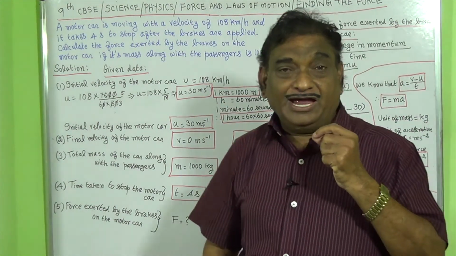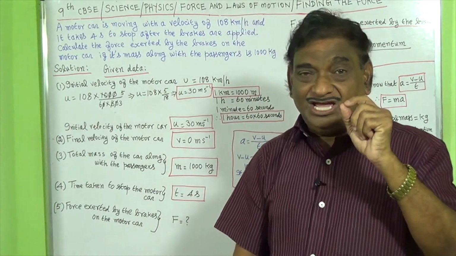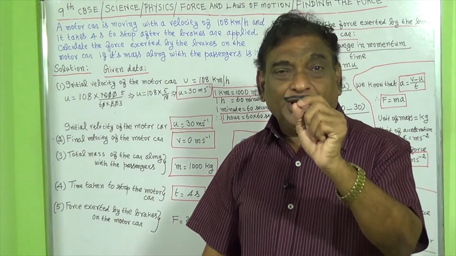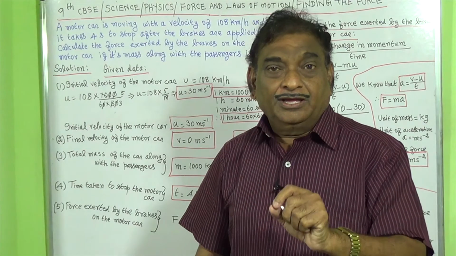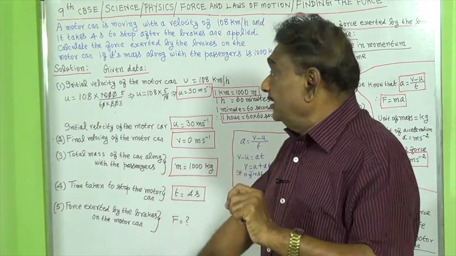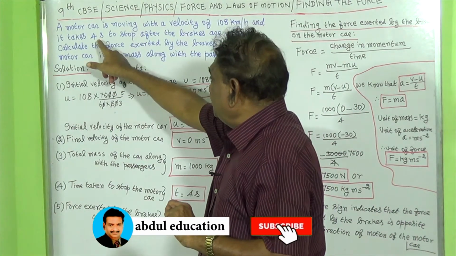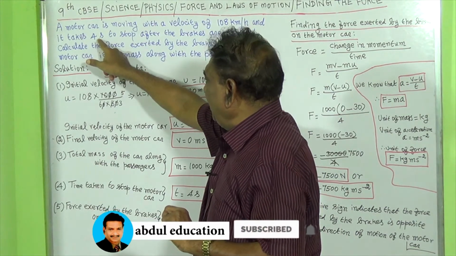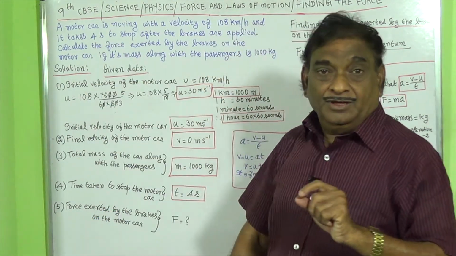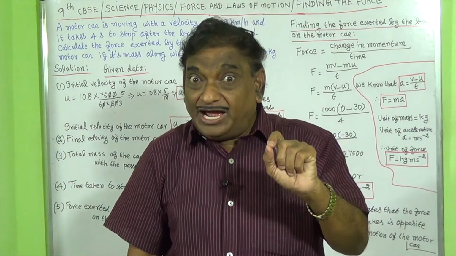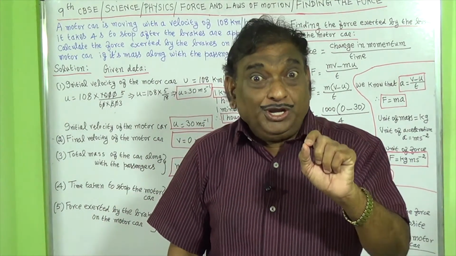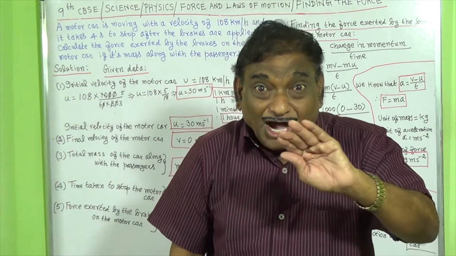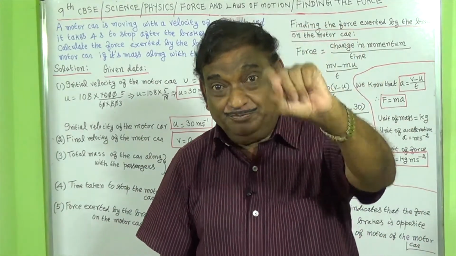We know that the unit of the velocity is meter per second. Moreover, here the time is given in seconds. We are well aware that the unit of the same data should be the same.